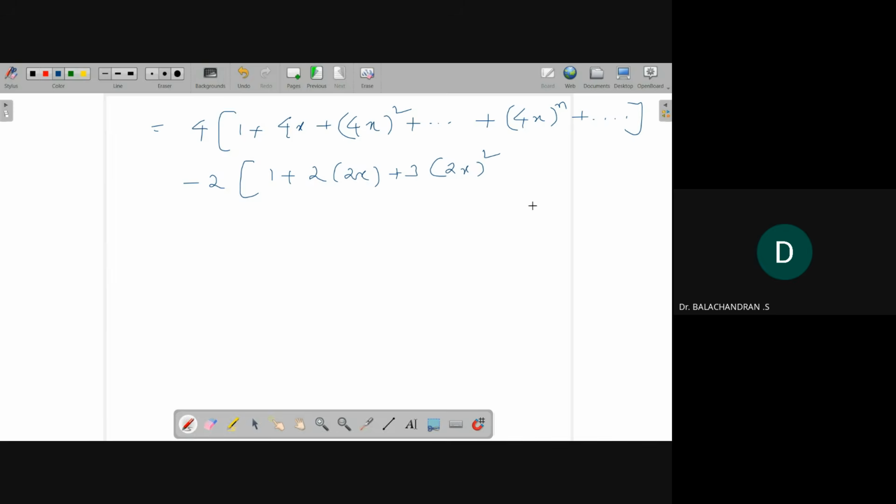So what is the nth term? Nth term is n plus 1 into 2x whole power n plus and so on.